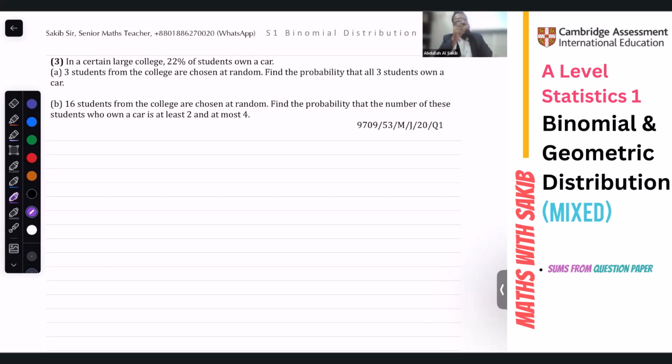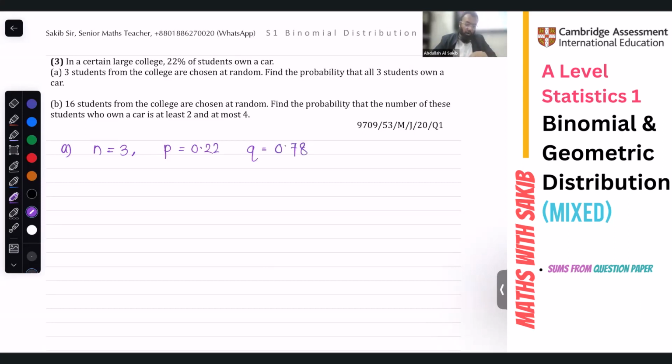That means the trials are fixed. That means it's a math of binomial. Clear? So n equal to 3. Owning a car is 0.22. Not owning a car is 1 minus 0.22, which is 0.78.